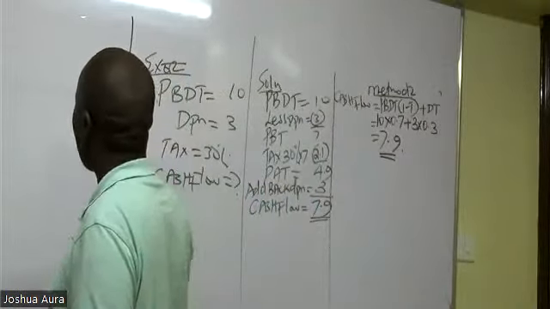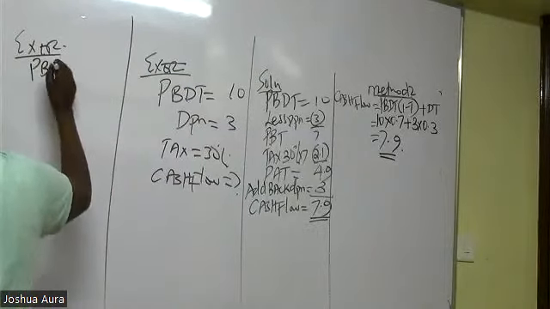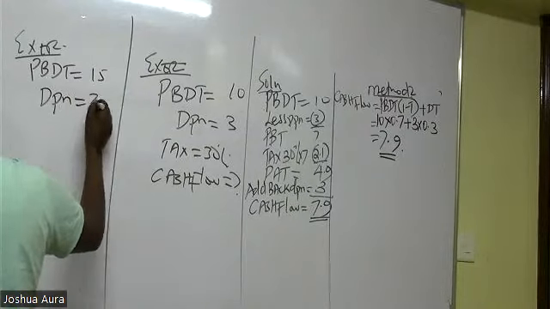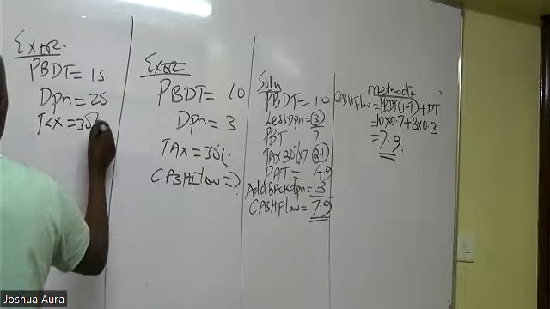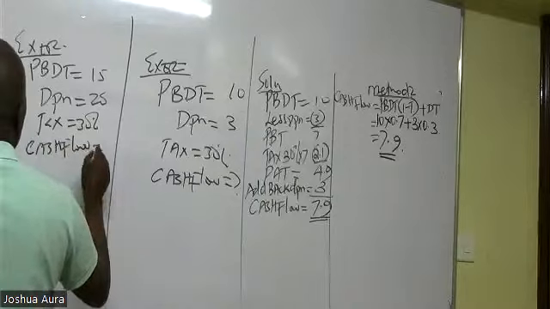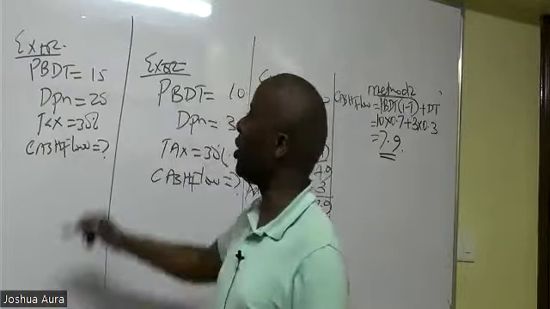Very important exercise for me. What if the profit before depreciation and tax was 15, but depreciation was higher, 20? Tax is 30%. Could you kindly give me the cash flow here now? So exercise 2.